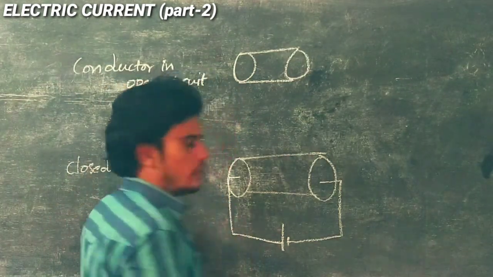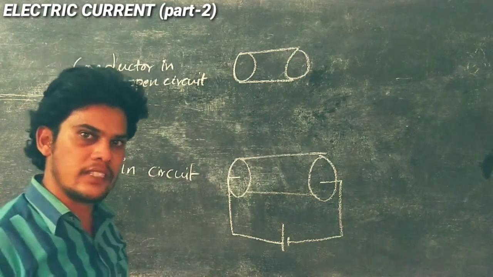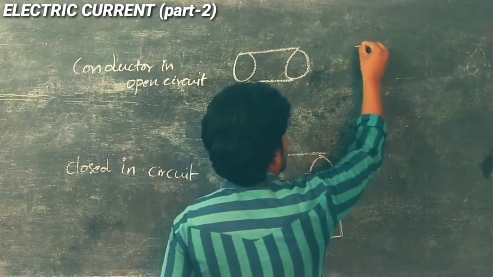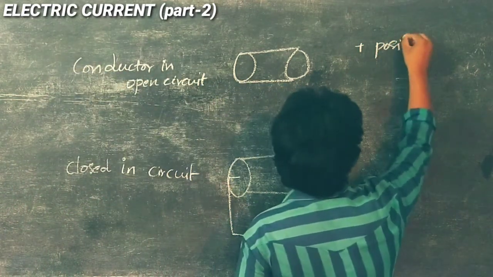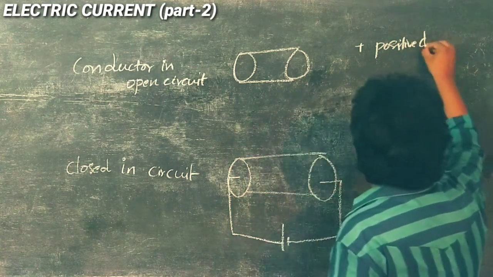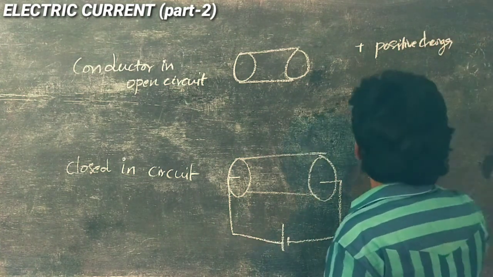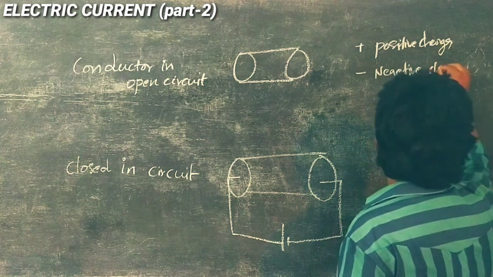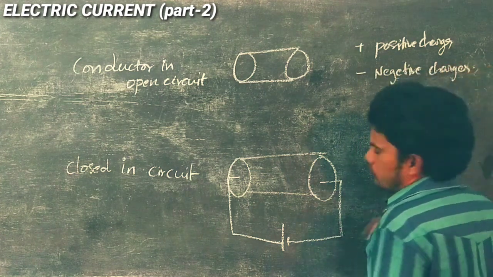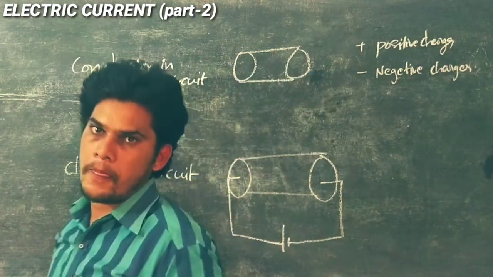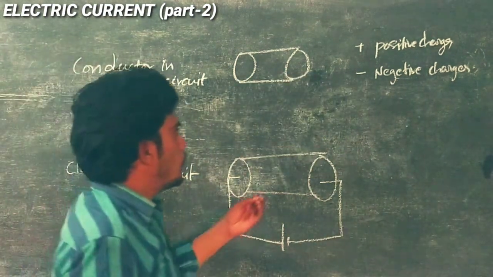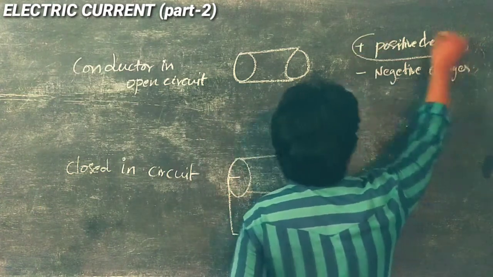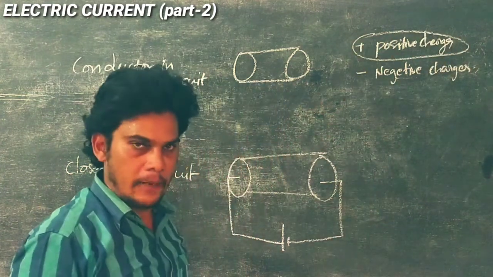In the first situation, in the conductor there are two types of charges: positive charges and negative charges. How do the positive charges behave in the conductor?